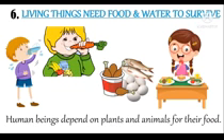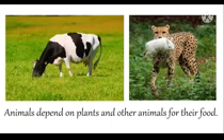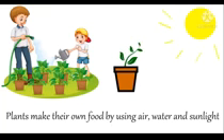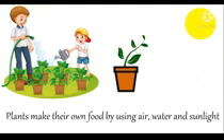Living things need food and water to survive. Human beings depend on plants and animals for their food, whereas animals either depend on plants or other animals for their food. Plants make their own food by using air, water, and sunlight.